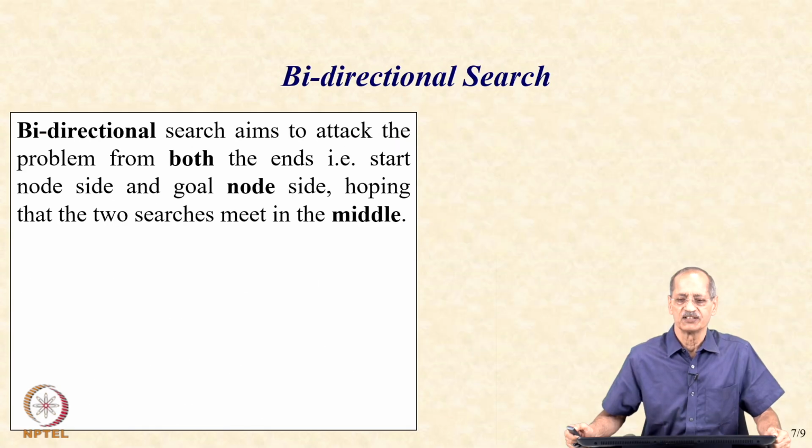The uninformed blind search strategy, the last strategy, is a kind of common sense based intuitive strategy that says that if you know the starting node and if you know the destination node, you are looking for a path to reach the destination, and that is what the whole search problem is all about.